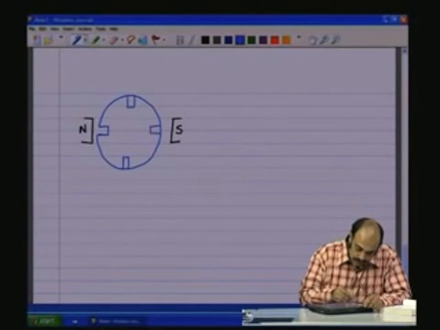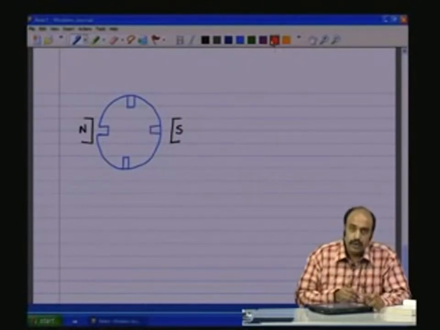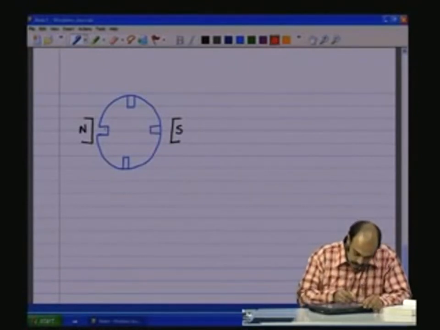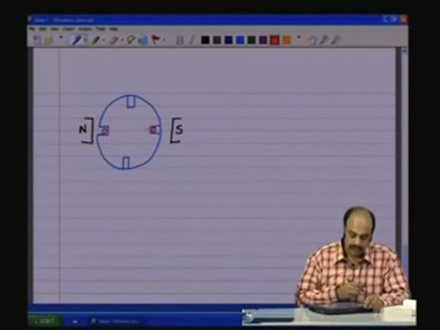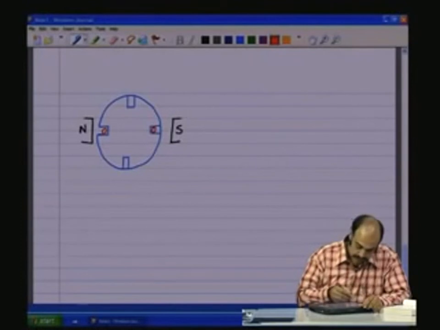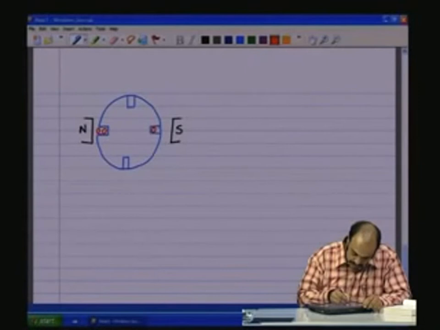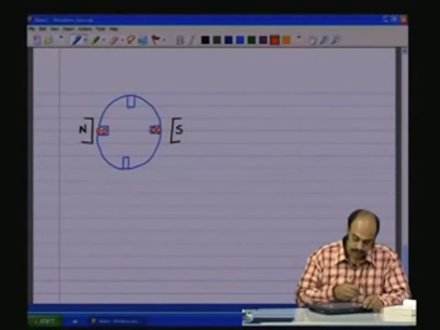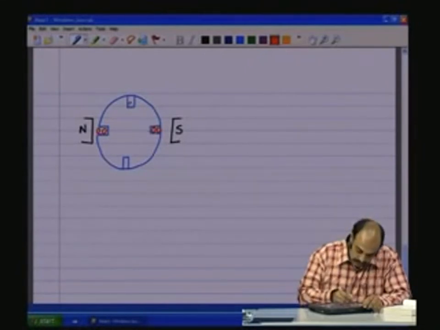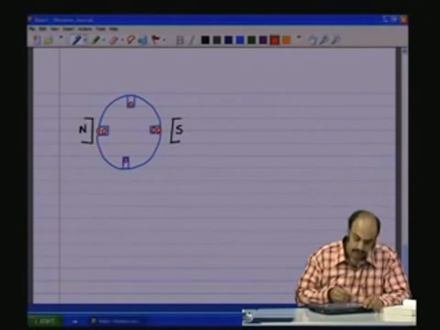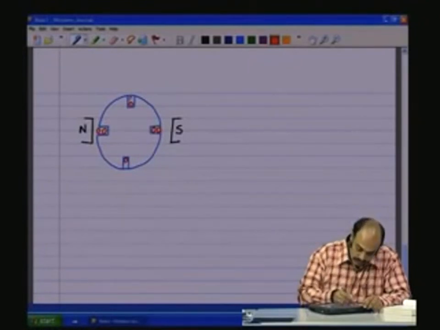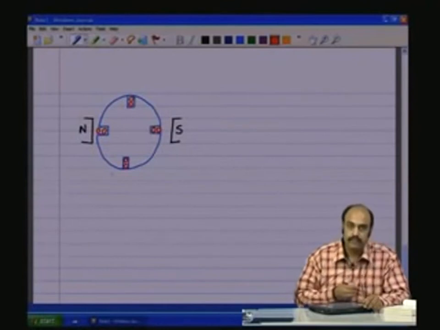Now, let us put in the coils. Let us have one coil here, A dash, B dash. Let us have one more coil with opposite phase. Likewise, we have one coil here and one more coil with opposite phase.